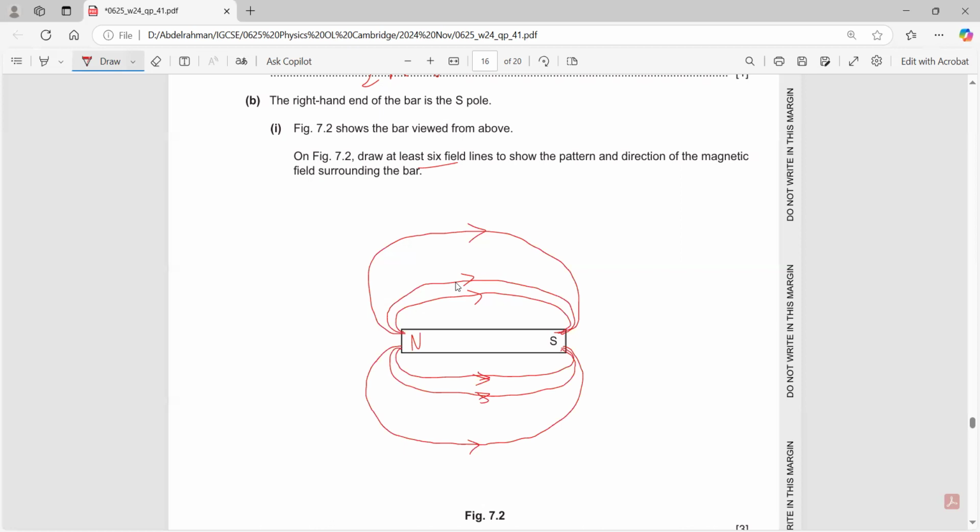So now we have 6 field lines. If you want to draw more, you can go ahead and draw some lines into the south pole, and some moving outside of the north pole, which is okay. He said at least 6.